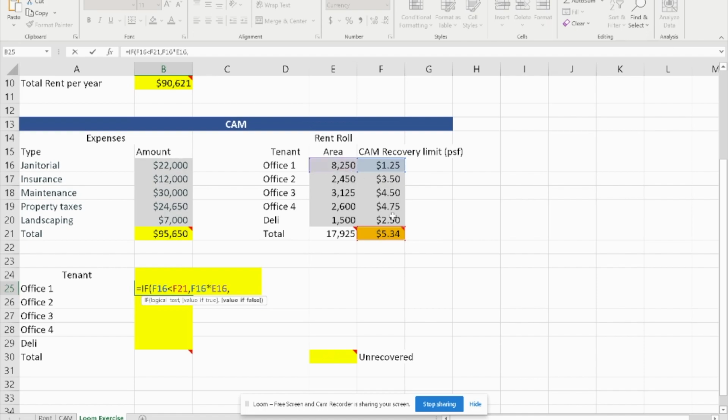If not, we're going to use the same total times the area. And the interesting thing here is we have to lock in or anchor cell F21. If we do that, we should be able to drag that formula to the other offices to calculate the recovery amount for those spaces.